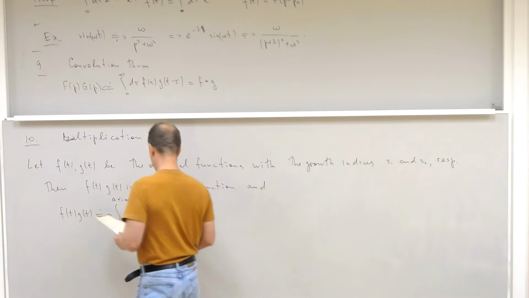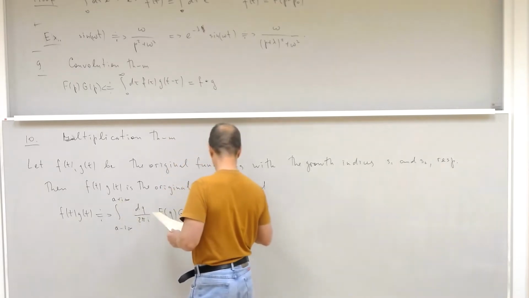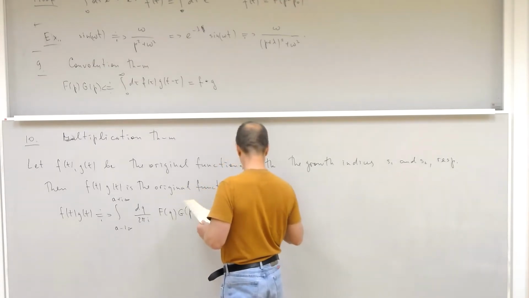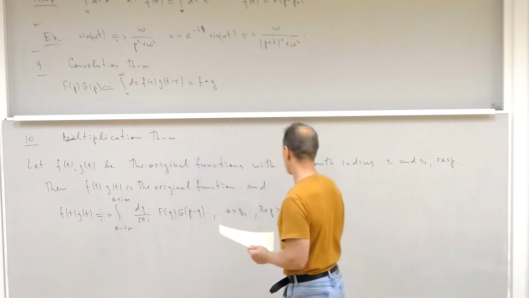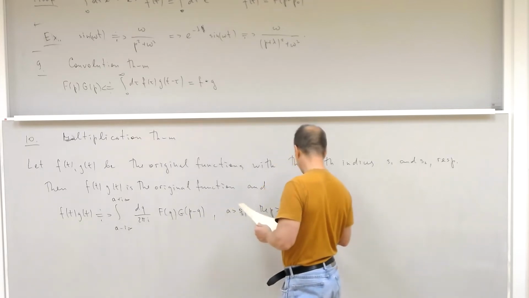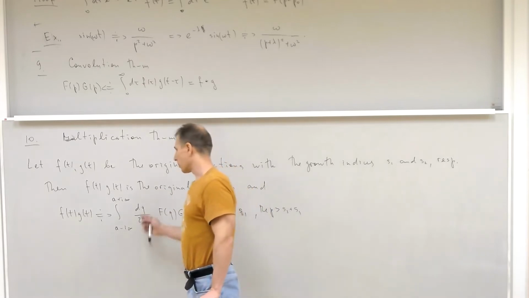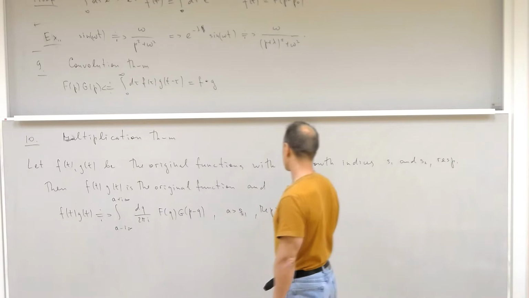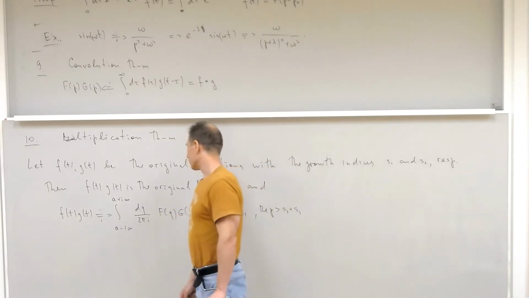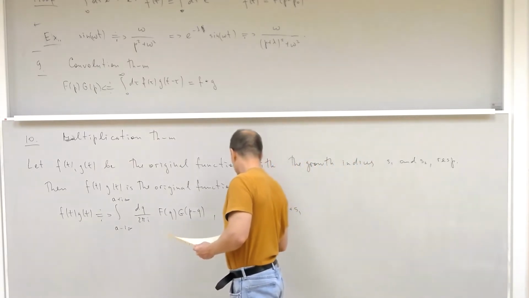Here are the Laplace transforms of the functions f and g, with their arguments, and the integration contour, which runs parallel to the imaginary axis from bottom to top along the line real part of the complex variable q equal to a.